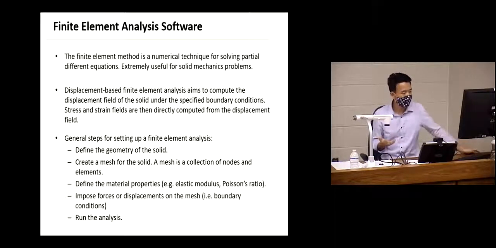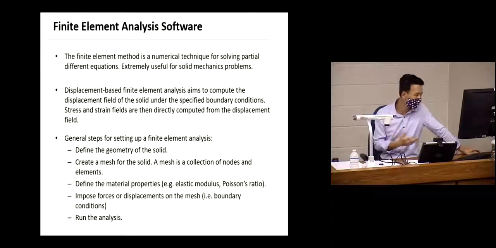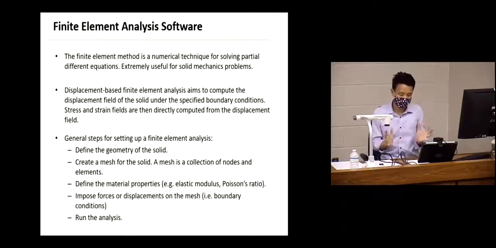For elastic properties of materials, you only define two: modulus and Poisson's ratio, or you can define other two sets of constants. And the final steps: you impose the forces that you want to apply. It can be displacement, it can be pressure forces, whatever. That is for you to define. And eventually you run the analysis, obviously.